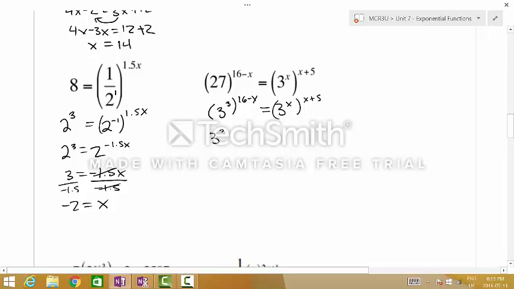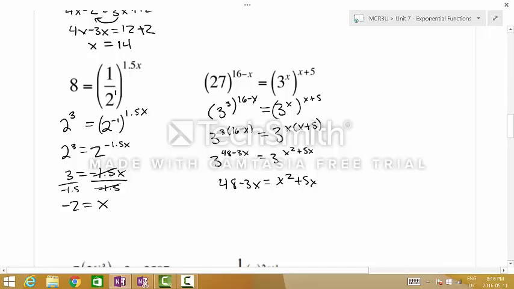So we have 3 to the power of 3 times 16 minus x equals 3 to the power of x times x plus 5. Again, we're going to use the distributive property. We have the bases the same, so we're going to ignore them and write the exponents.